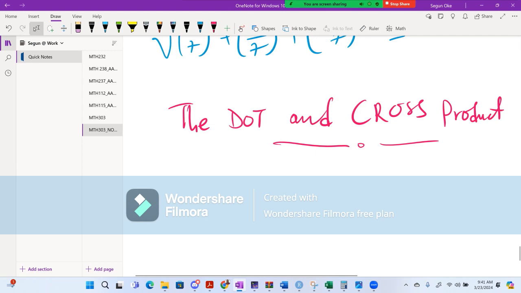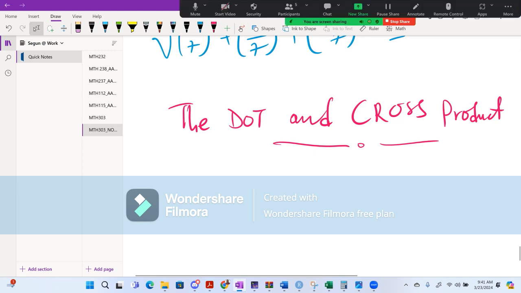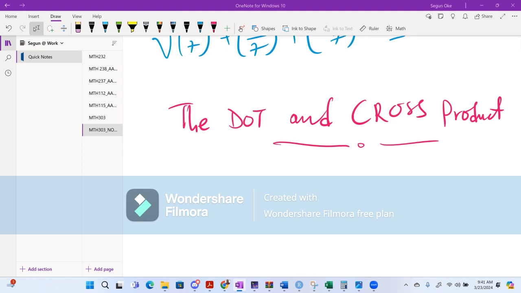The dot and the cross products are not new. These are the things we've been doing from our high school, and then we have some laws that govern it. So what are the laws that govern the dot and the cross products of two vectors? Let's move on to the example, and from there we will see.